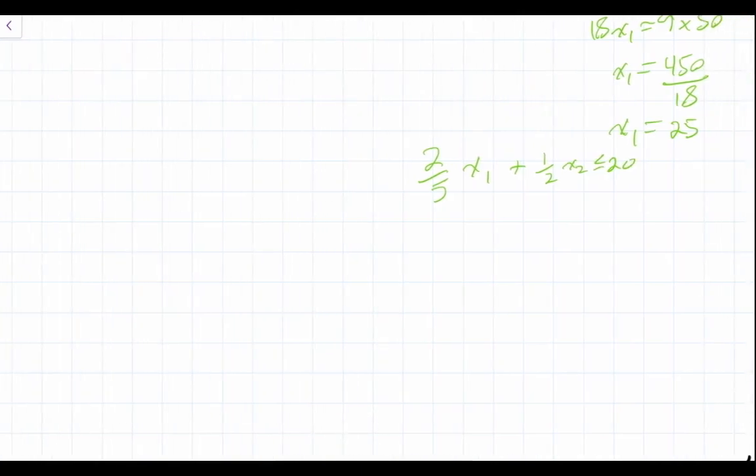So we'll sub in x1 is equal to 25. So 2/5 times 25 plus 1/2 x2 is equal to 20.